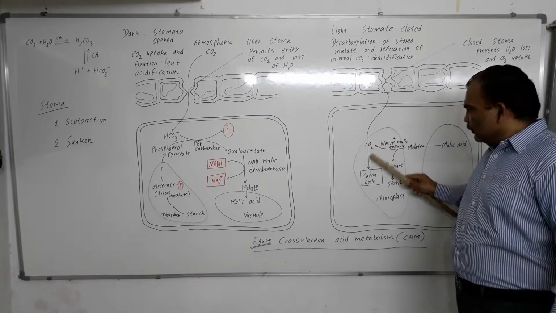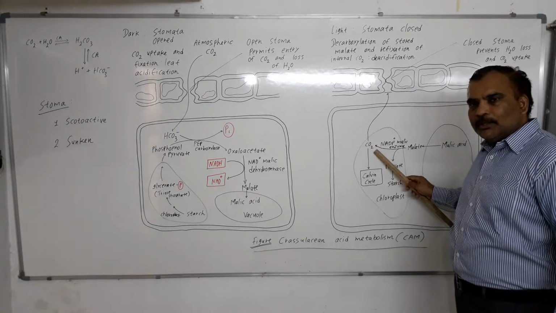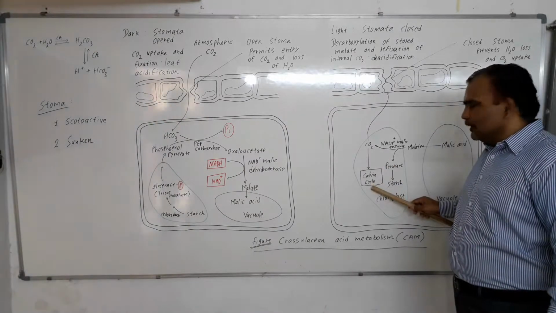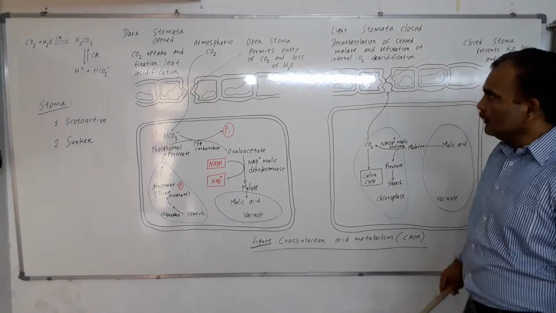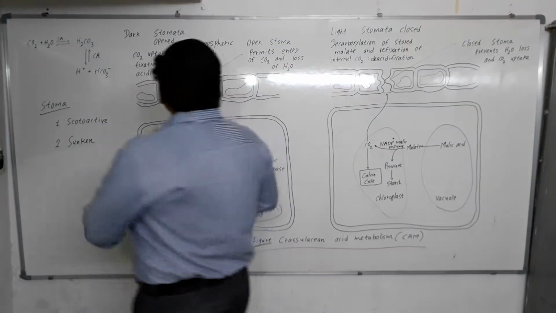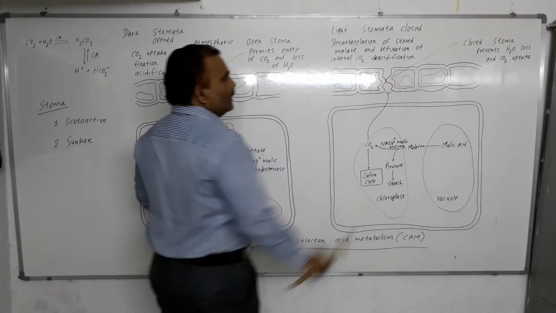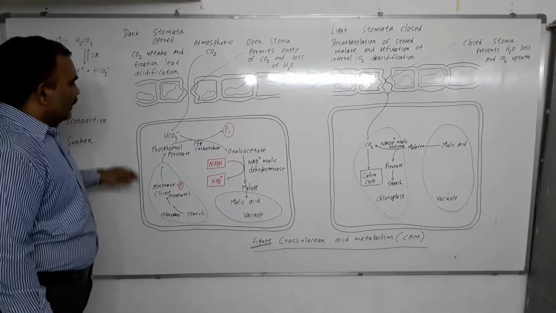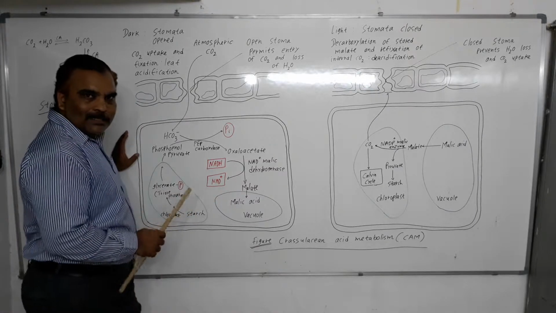Now this CO2 enters into the Calvin cycle and is used in the formation of carbohydrates, that is, the sugars. Now here acidification and deacidification are written. During night malic acid is produced.